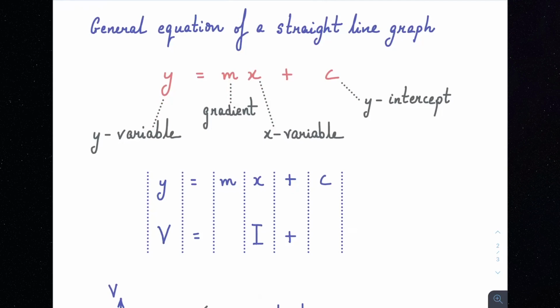Resistance R must then be inserted here, such that instead of V equals IR, we now have V is equal to RI. Obviously here we have plus 0.